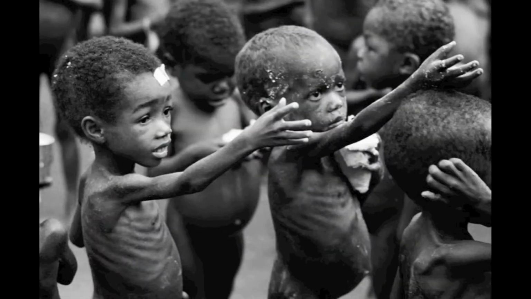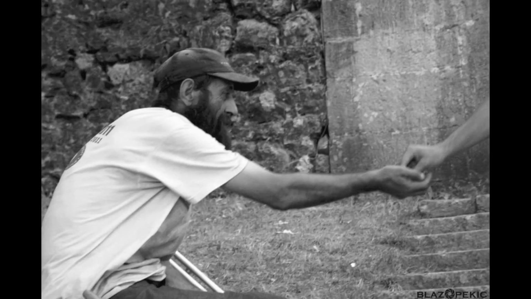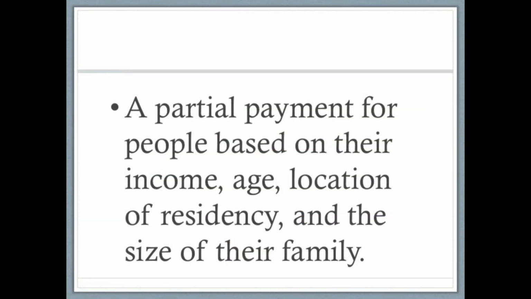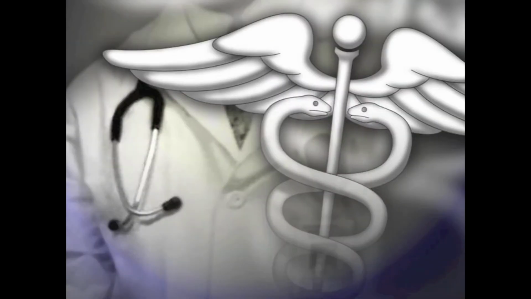Now, due to the fact that poverty is inevitable in a free enterprise system, the poor have to be provided for in order to keep the economy stimulated. To accomplish this, the government provides people with a subsidy. Similar to the transfer payments, a subsidy is a partial payment for people based on their income, age, location of residency, and the size of their family.